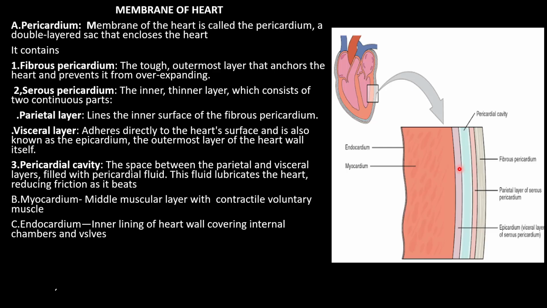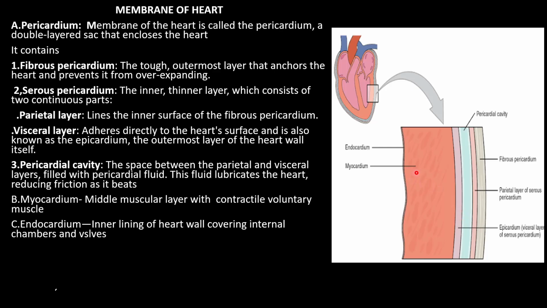So after these, visceral pericardium is also called epicardium. Actually, the heart wall consists of epicardium, myocardium, and endocardium. So this is epicardium, which is also called visceral layer of pericardium.